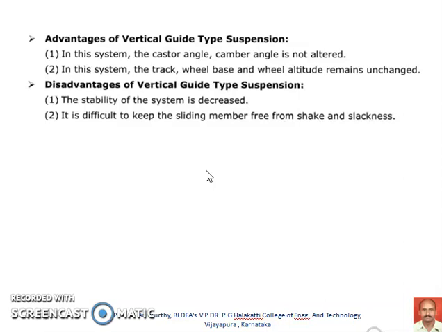So with reference to those systems we have discussed earlier, in this vertical guide type suspension system there is no change in the caster or camber angle.